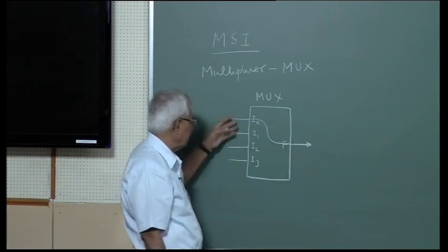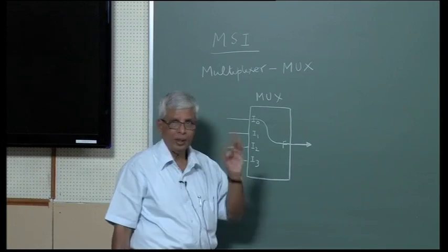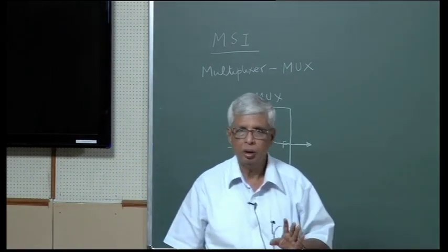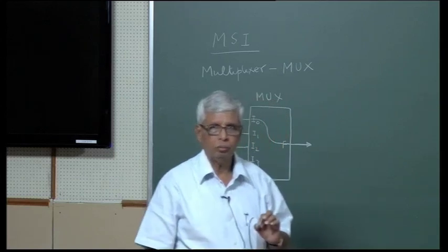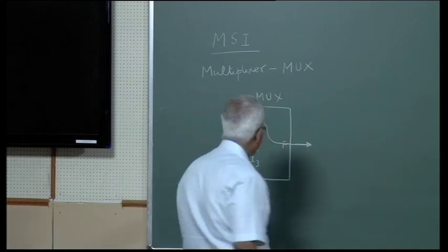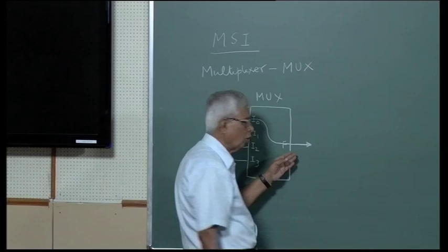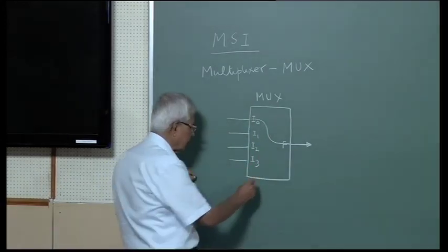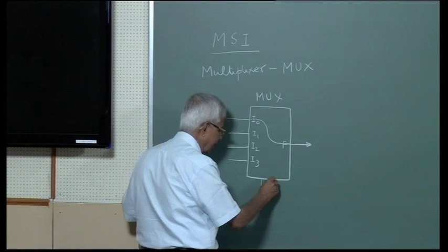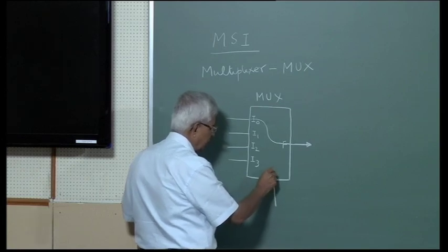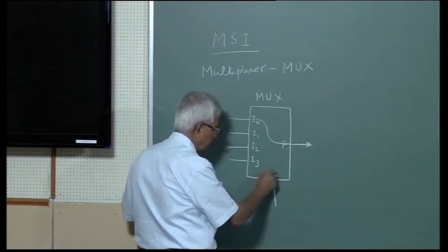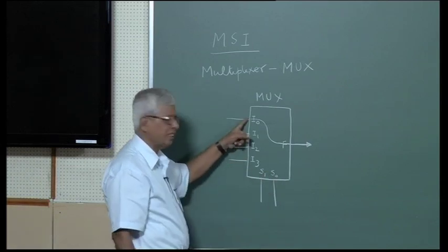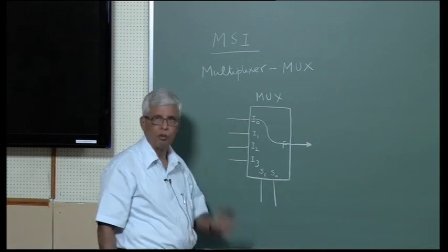I have several inputs, and one at a time has to go to the output. Now the question is, there are 4 inputs. How do I know which input goes to the output? So there are 2 other signals called selector signals. We will call them S0, S1. S stands for selector, I stands for input, F stands for output.